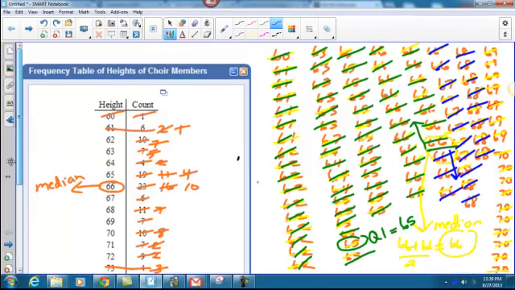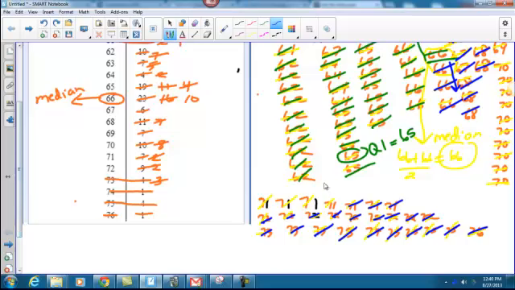Okay, I've got to go back up to the top here. 1, 2, 3, 4, 5. 5. That one went down there. 1, 2, 3, 4.